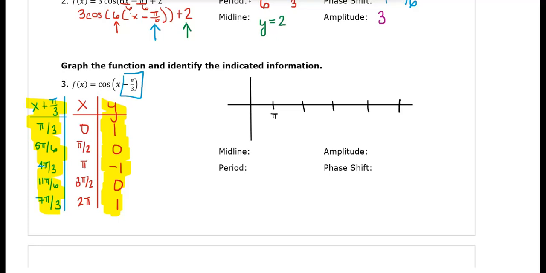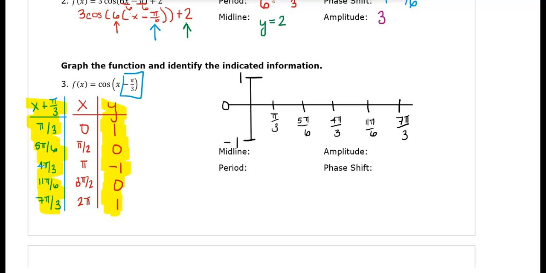So I've got pi over 3, 5 pi over 6, 4 pi over 3, 11 pi over 6, and 7 pi over 3. And then the y value goes up to 1 and goes down to -1. And here's 0. All right, so let's graph this.